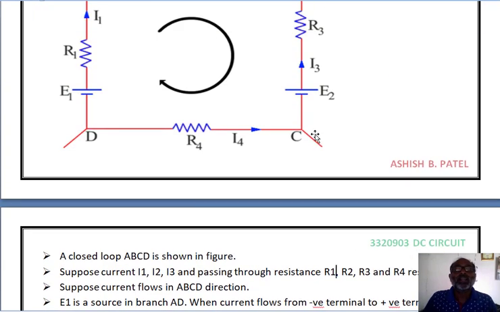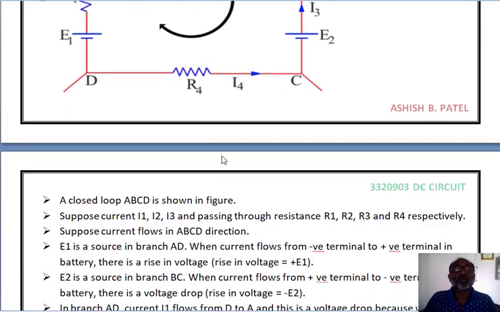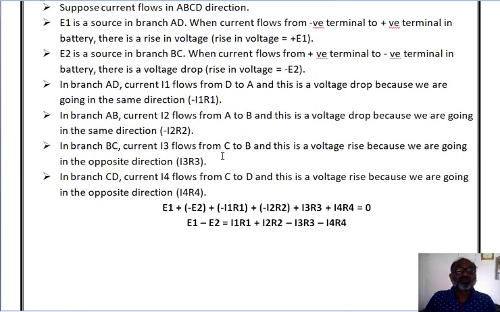Now similarly, in branch CD, current I4 flows through resistance R4, and the direction of this current I4 and the loop current are in opposite directions. So whatever voltage across this resistance, it is taken as a rise in voltage. That means plus I4 into R4.